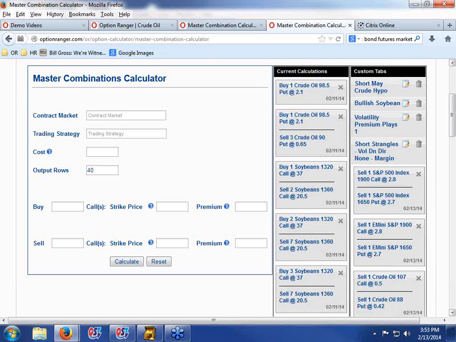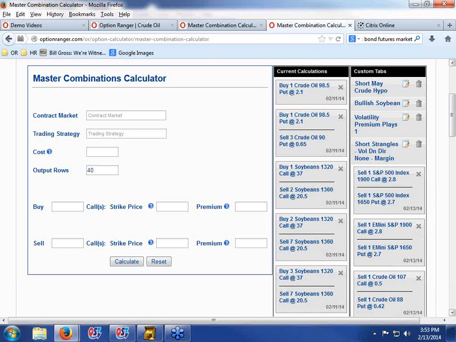So as with everything, there's a trade-off. The trade-off is your profit potential goes down, but the advantage is that you no longer are sitting on a trade that has unlimited or margin risk.